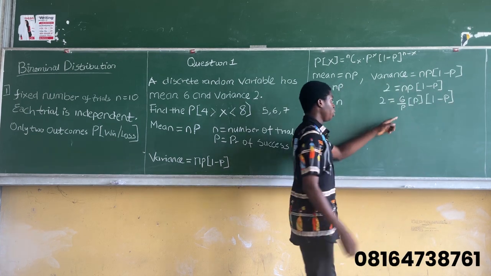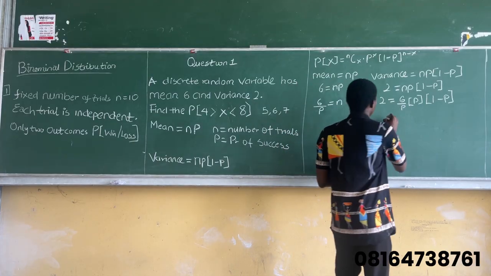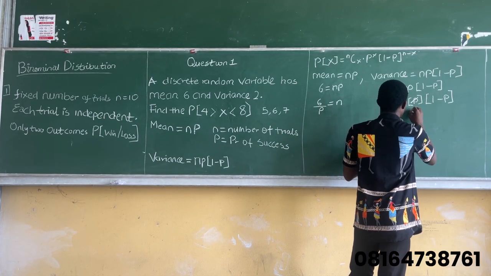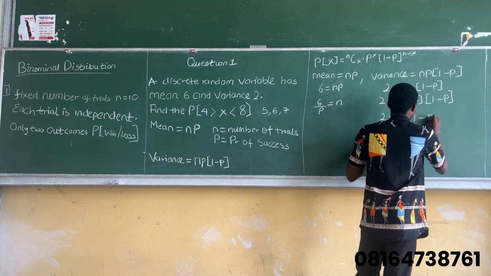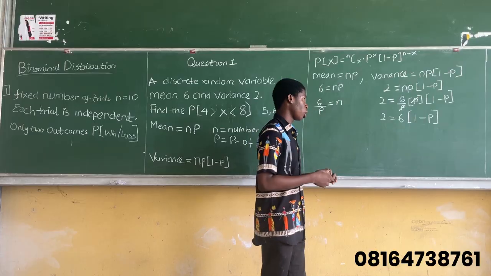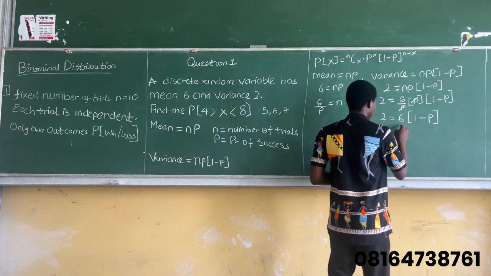You can see that this p cancels out the p. So 2 is equal to 6 times 1 minus p. And you should recall that p is the probability of you succeeding.